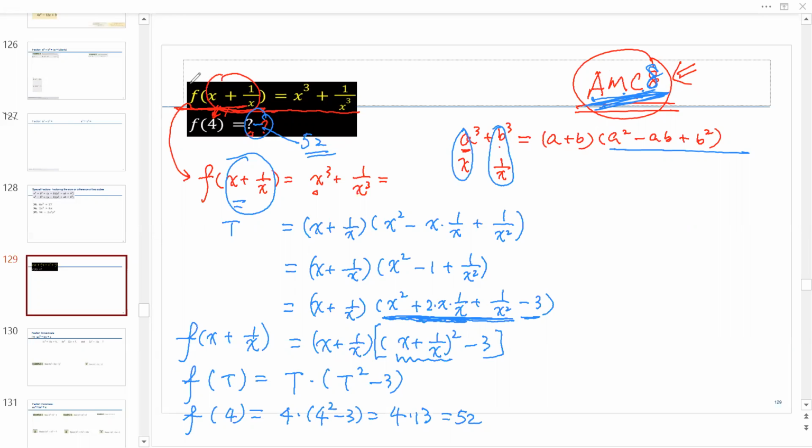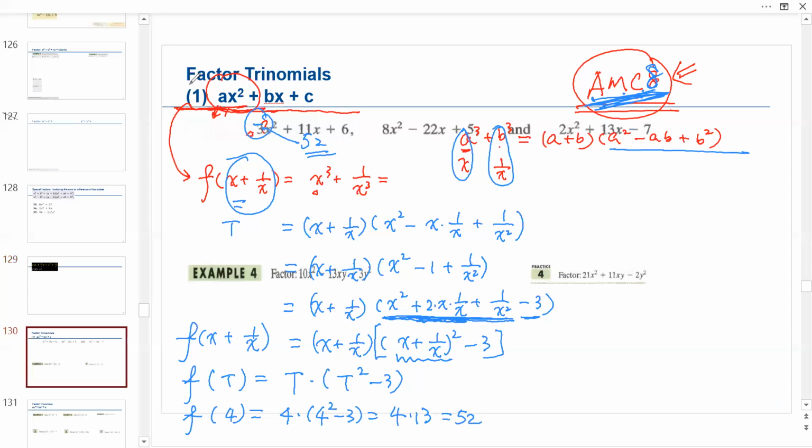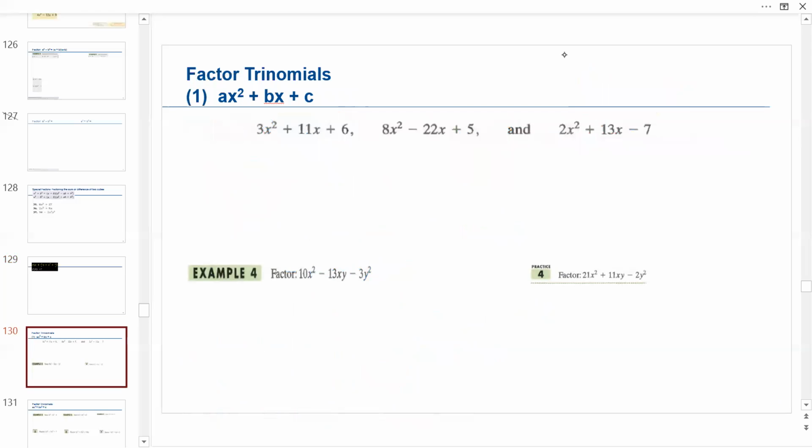This is a very good example for you. Hopefully you can learn from this one. This is an additional problem from the American Math Competition. I captured the topic and put it right here. Hopefully it can help you. All right, so let's move on.